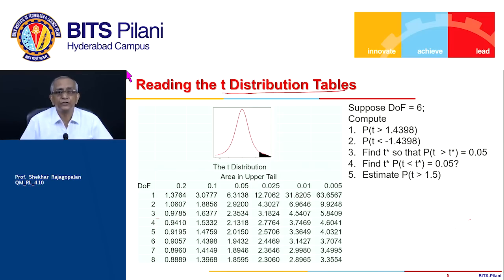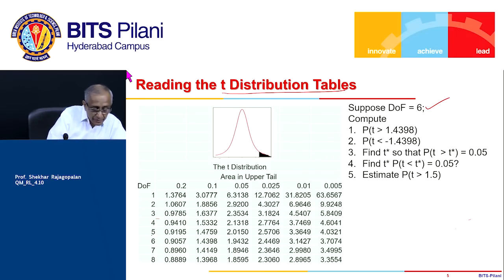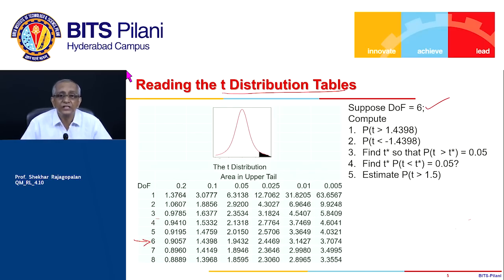Suppose the degrees of freedom is 6. What does that mean? When I look at the t table, I must refer to the row which is labeled 6, and that is out here. This is row 6, which refers to a t distribution with degrees of freedom 6. Now I want to compute probability of t greater than 1.4398.